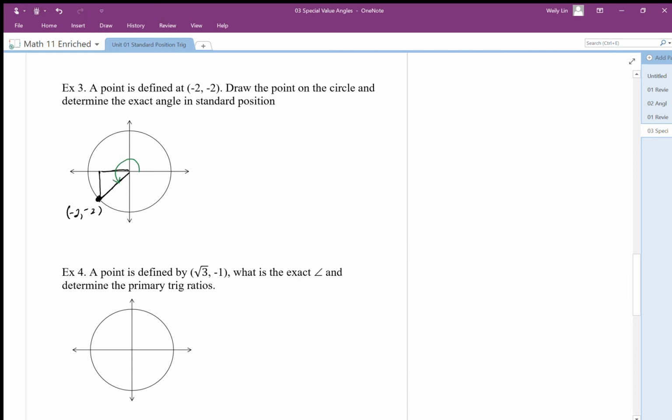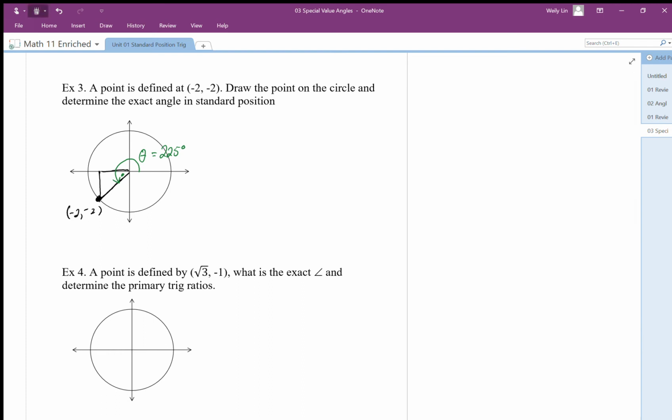In this case, we don't really need to work out the hypotenuse, but we can figure out the angle theta by just looking at the problem. We know that this is a 45-degree triangle, and that's 45 degrees in here. So this position is 225 degrees in that direction. We can also go negative 135, and that would be perfectly fine.